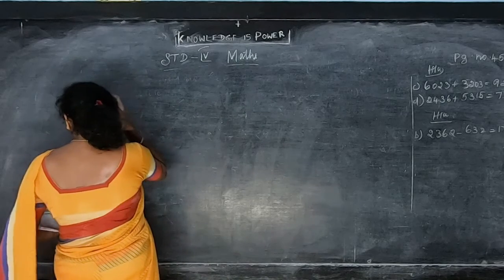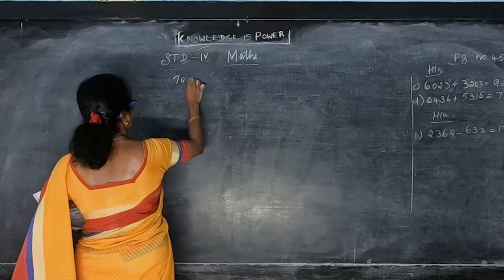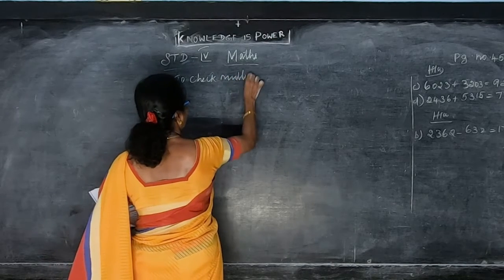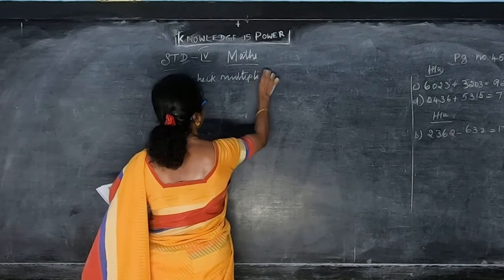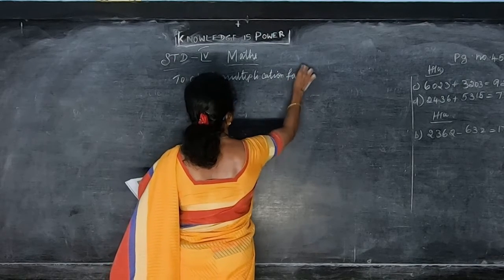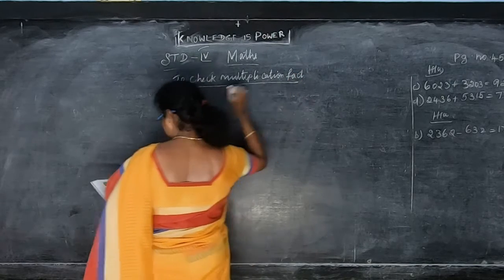To check the multiplication fact by casting out 9. So how to do this?